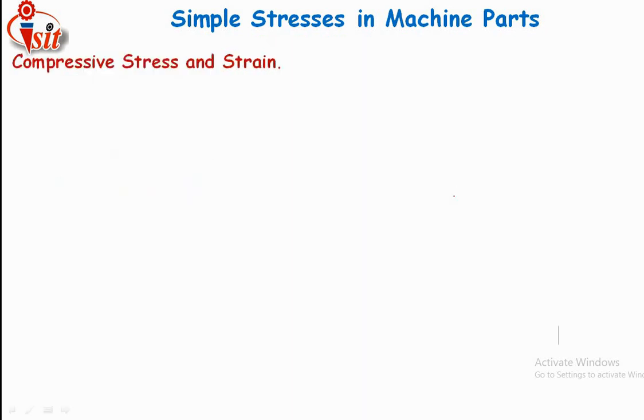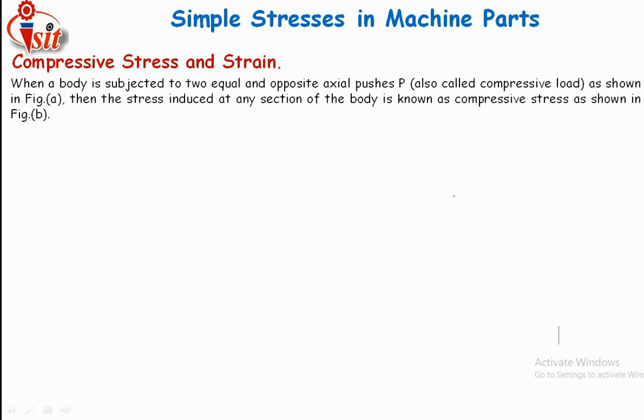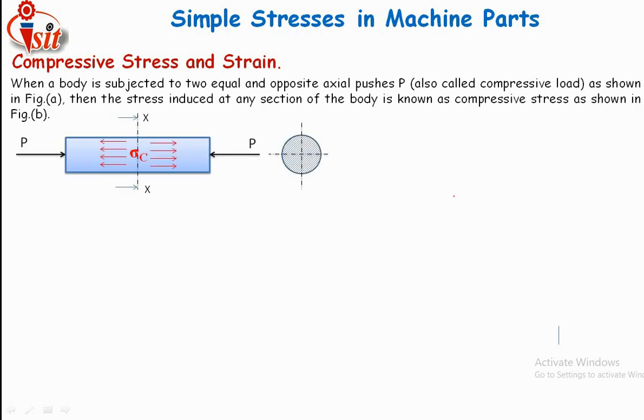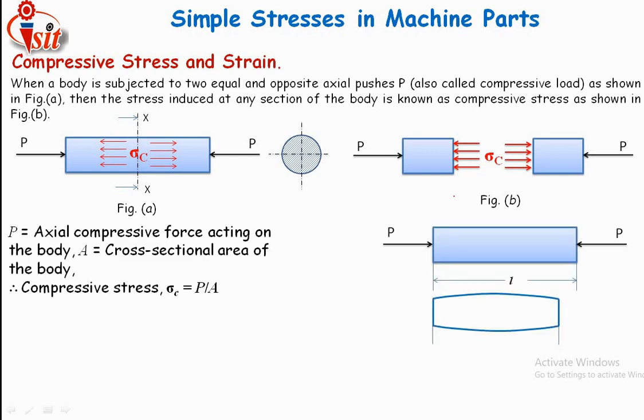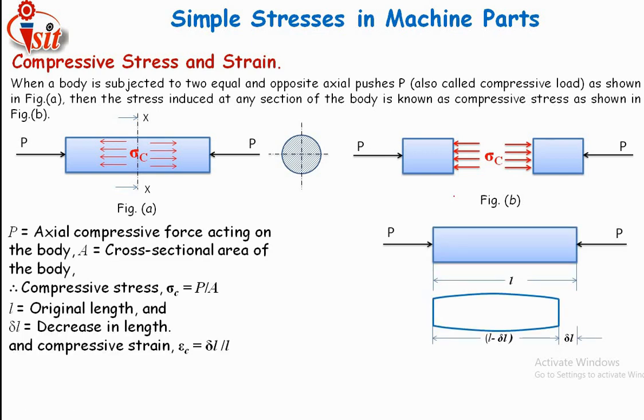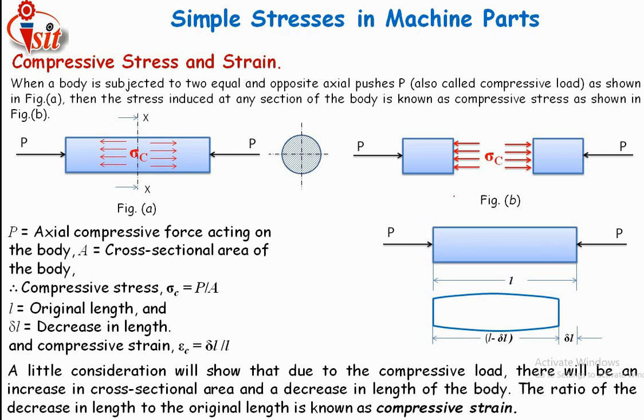Now let's move towards the compressive stress and compressive strain. Now in previous slide, we have seen how tensile stress gets induced in the body. Now in this section we will see what is meant by the compressive stress and compressive strain. Compressive means pushing.